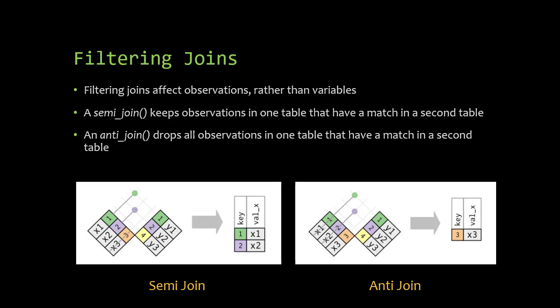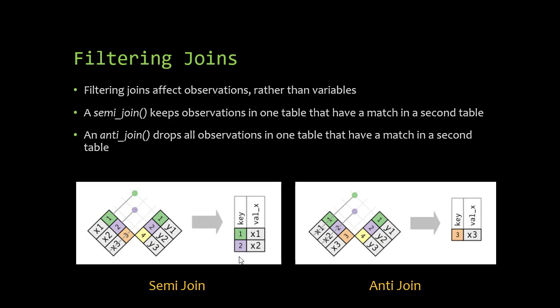A semi-join keeps observations in one table that have a match in the second table. So if you look at our table on the left side down here in the semi-join, in this left table here, there's a match with the right table, and so we keep this in the result. And then key 2 has a match, so we keep that in the result, but we don't keep 3 in the result because there is no match of 3 over here.